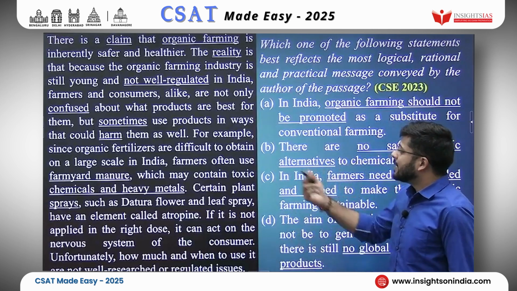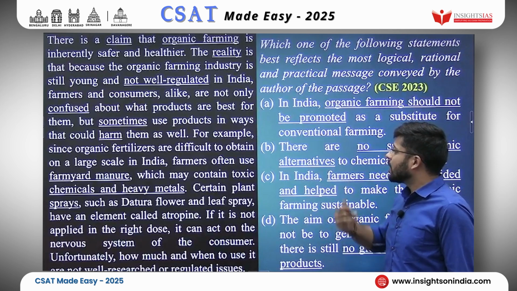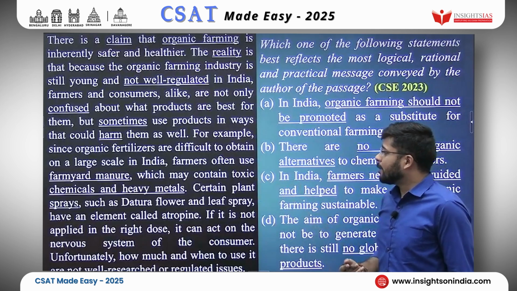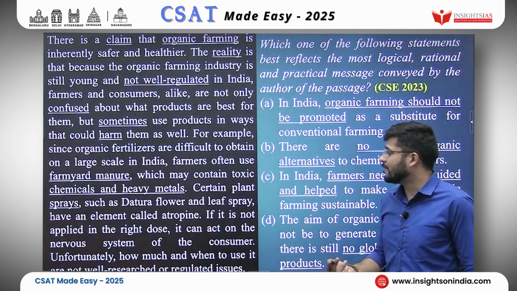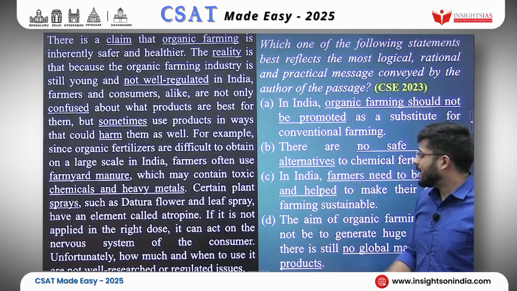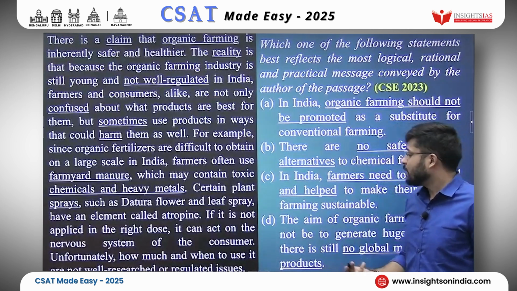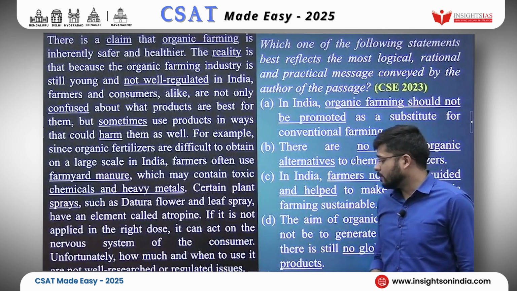For example, since organic fertilizers are difficult to obtain on a large scale in India, farmers often use farmyard manure which may contain toxic chemicals and heavy metals. Certain plant sprays such as datura flower and leaf sprays have an element called atropine. If it is not applied in the right dose, it can act on the nervous system of the consumer. Unfortunately, how much and when to use it are not well researched or regulated issues.